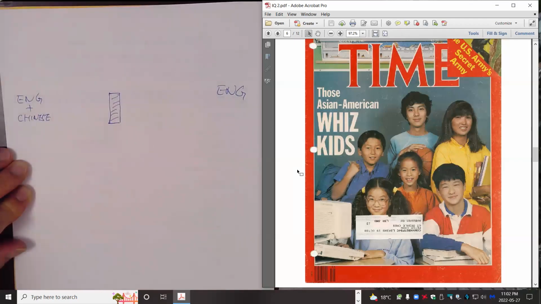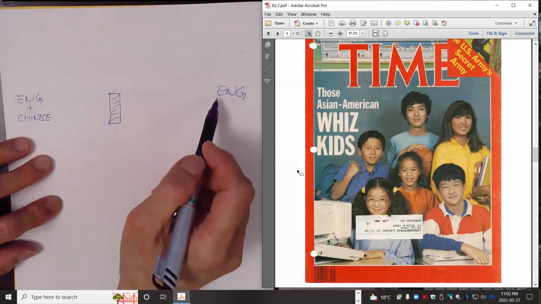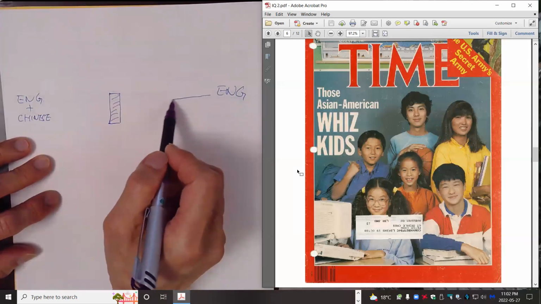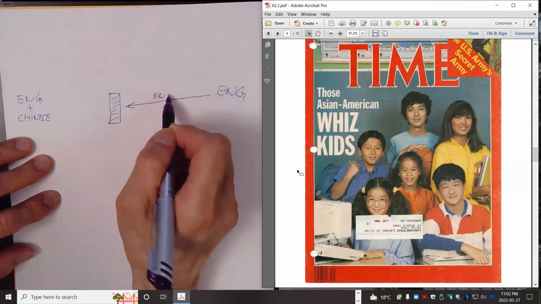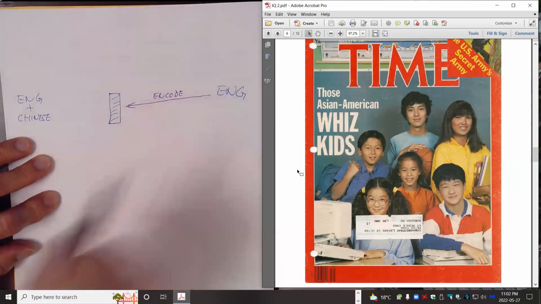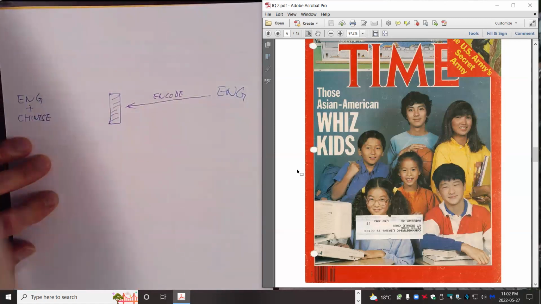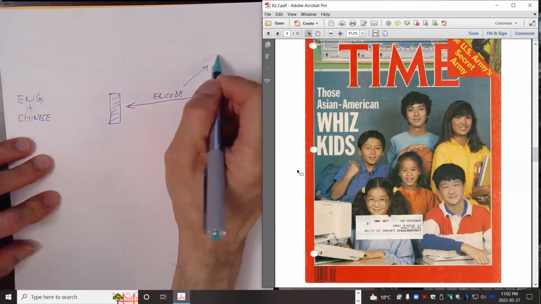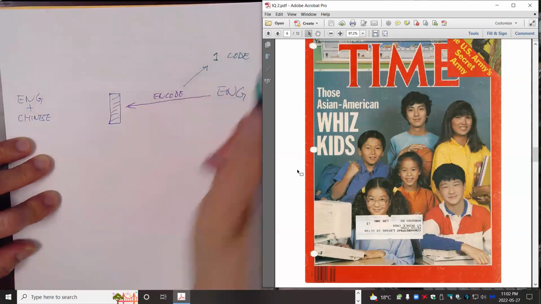Now, researchers want to use information processing theory. The English-speaking person will look at this and code it. Code it with what? One code.